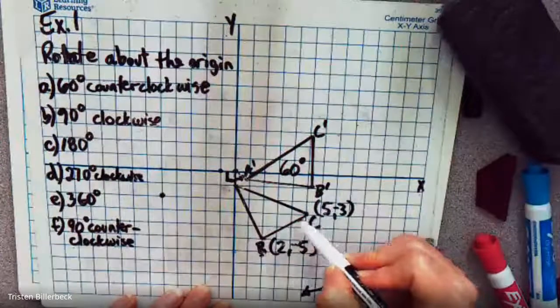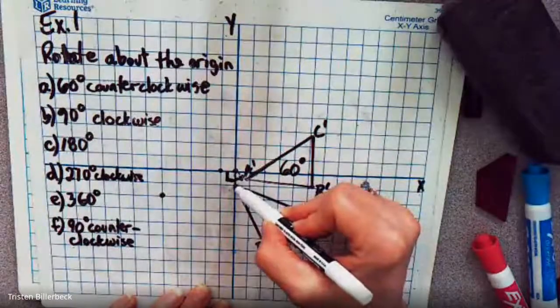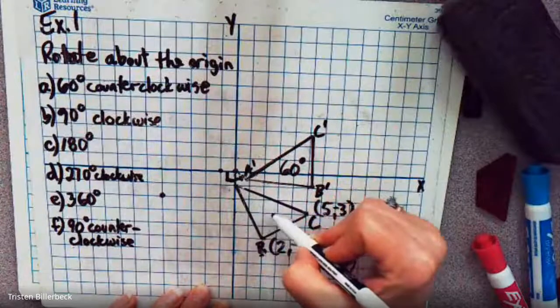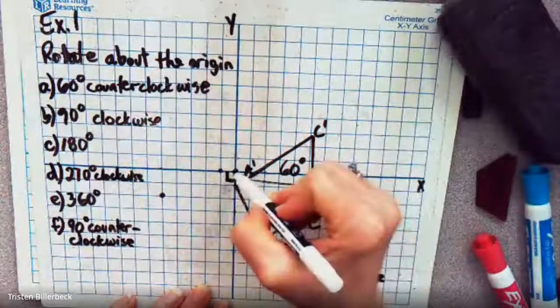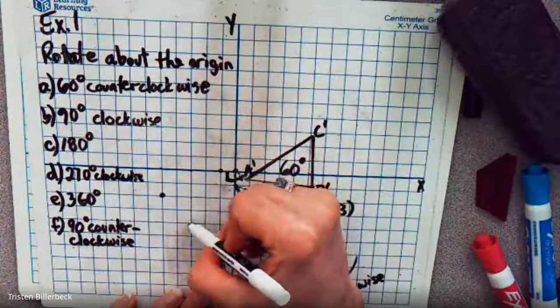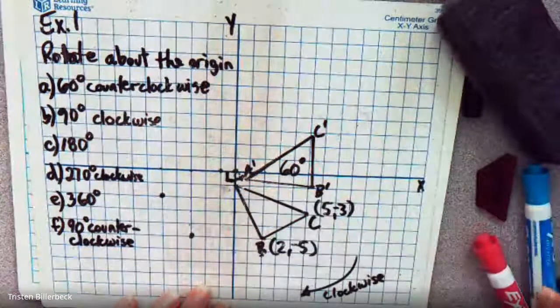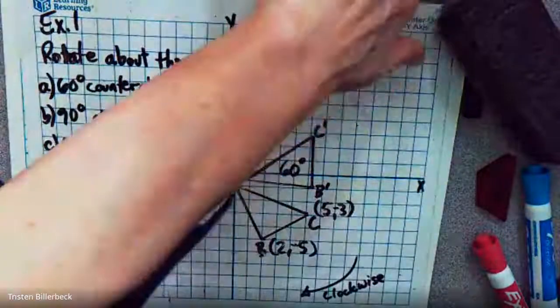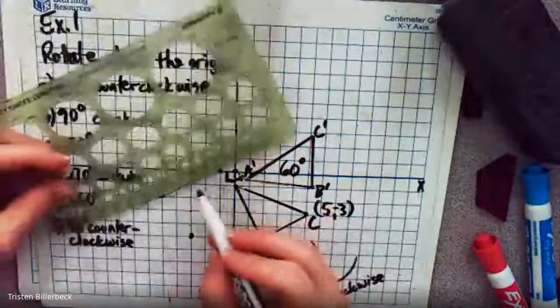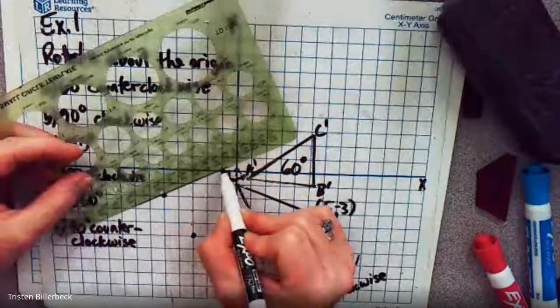And C, I count 1, 2, 3, 1, 2, 3, 4, 5. And now I can draw a 90-degree triangle rotated in a clockwise direction.